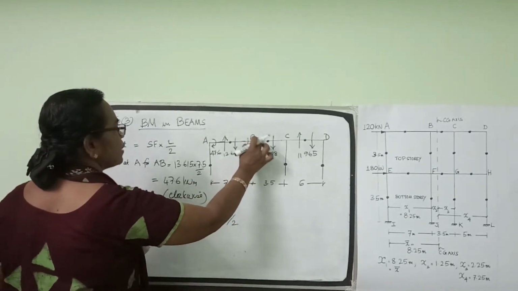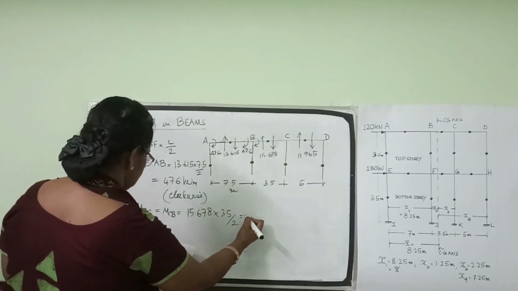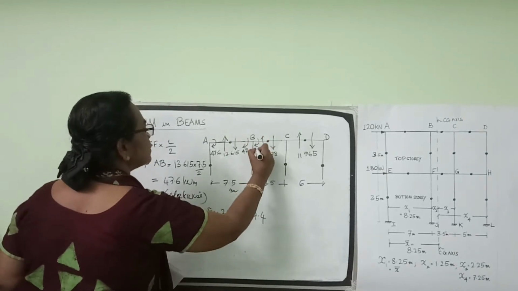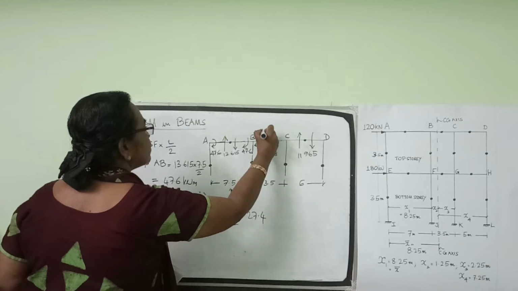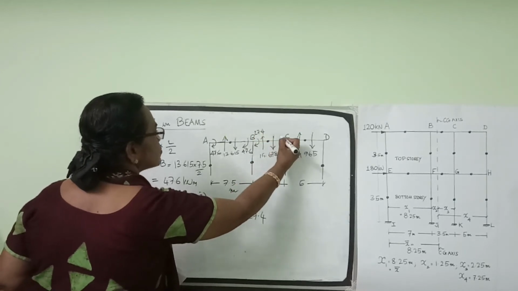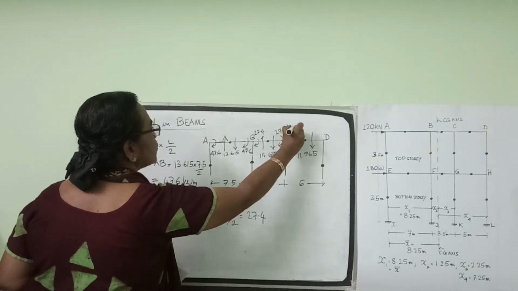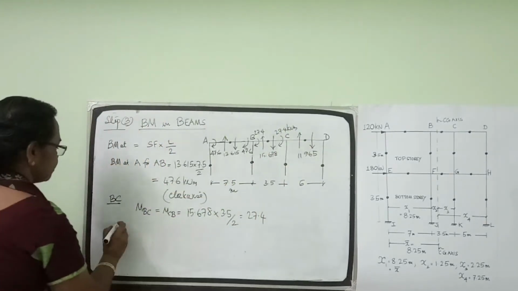This will work out to 27.4. So this bending moment is 27.4 kilonewton meter, clockwise. This will also be clockwise. Now coming to this beam CD.